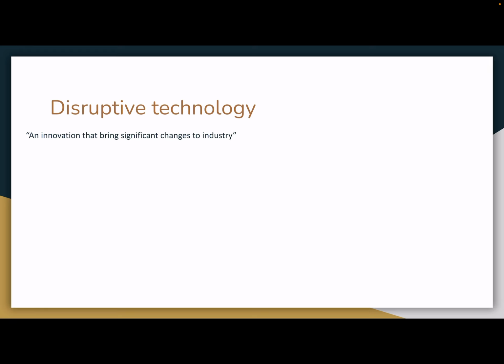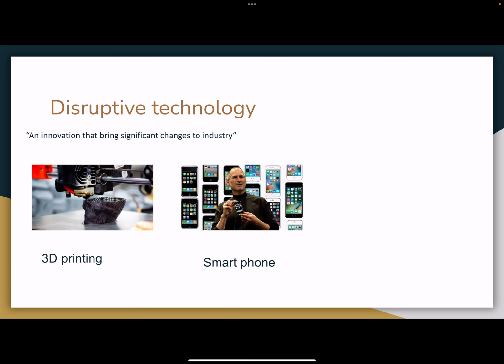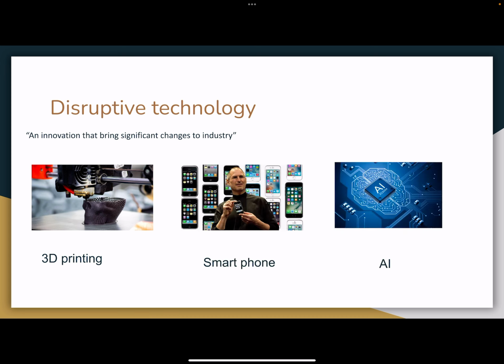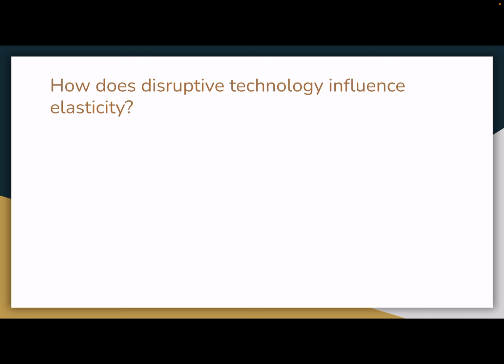Disruptive technologies are innovations that completely change how an industry works. Examples include 3D printing, smartphones, and artificial intelligence. These technologies reshape consumer behavior, business models, and even engineering decisions. They also heavily influence the elasticity of products.